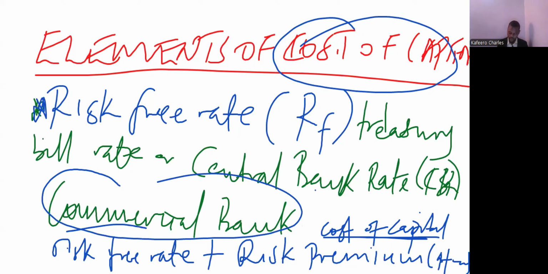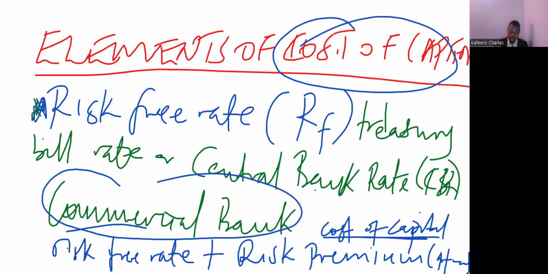So what is going to happen is that you will earn what you call a risk premium for as long as you use debt in your capital structure. That's the return you are going to earn for the risk that you have taken to include debt in your capital structure.